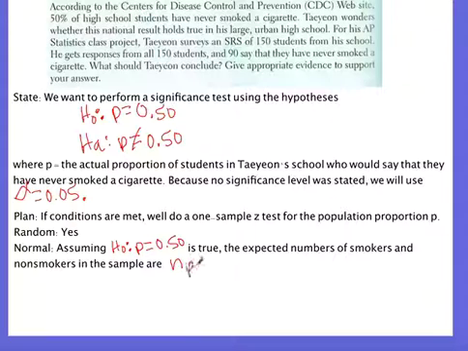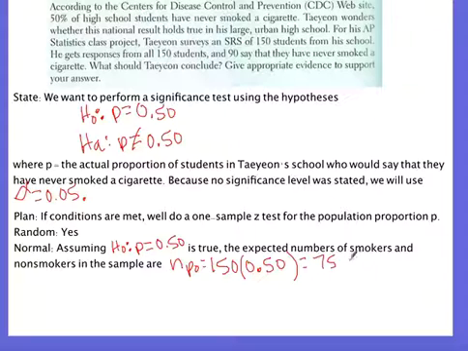So N times P0, which would be your sample size, 150, times your P0, which is the 0.50. And so when we do that, we get 75.